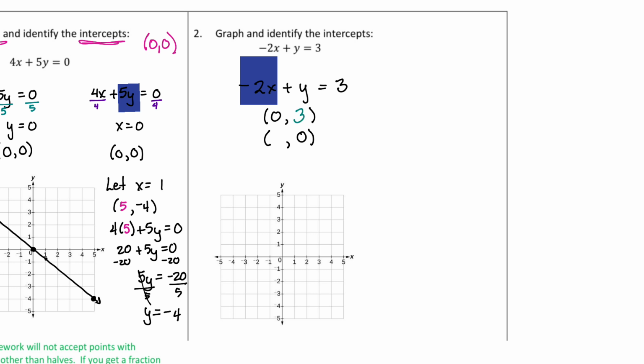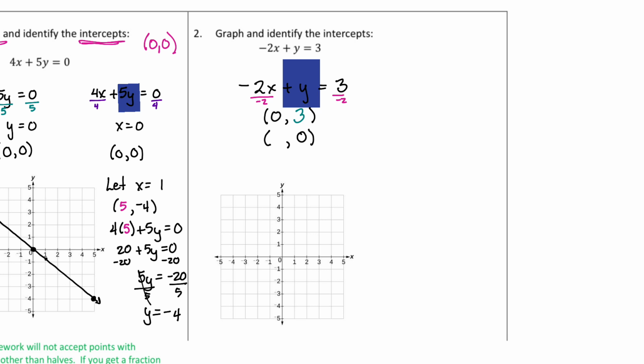Now I move my finger over to the y part. And what I have left is negative 2x equals 3. Okay, so if I need to do that off to the side, I can, but divide by -2.